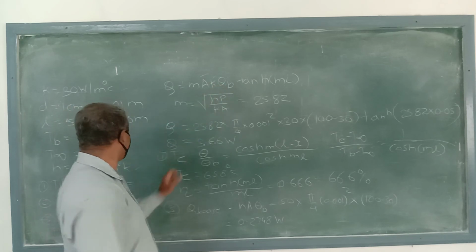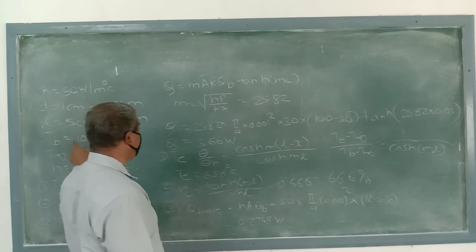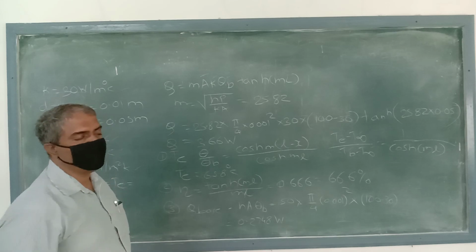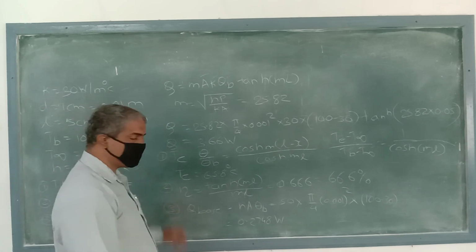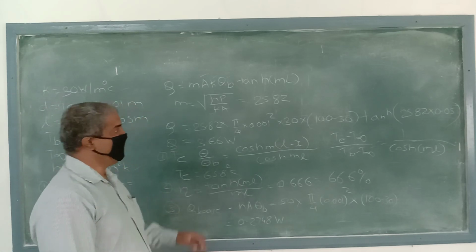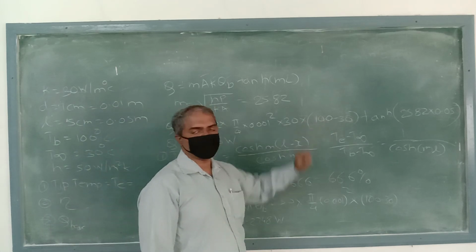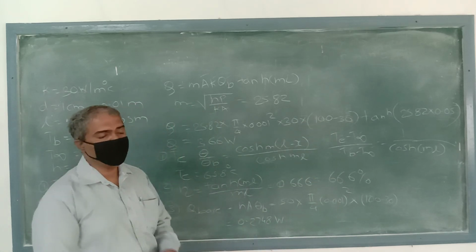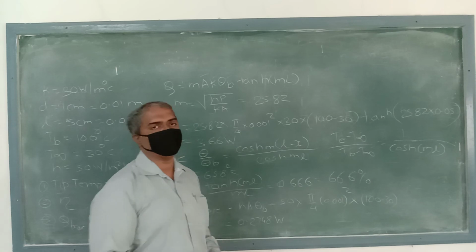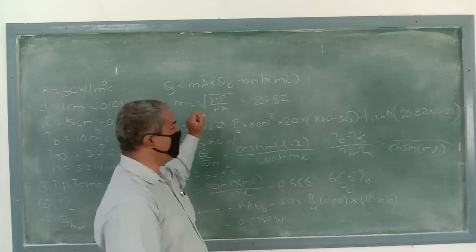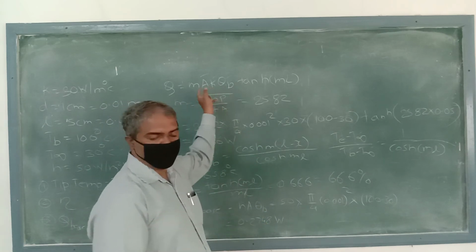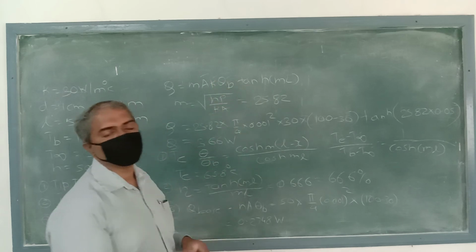For calculating theta b, we know the temperature of the base and the surrounding temperature, so we can substitute these values. Next, tan hyperbolic of ml: m is unknown in this equation.